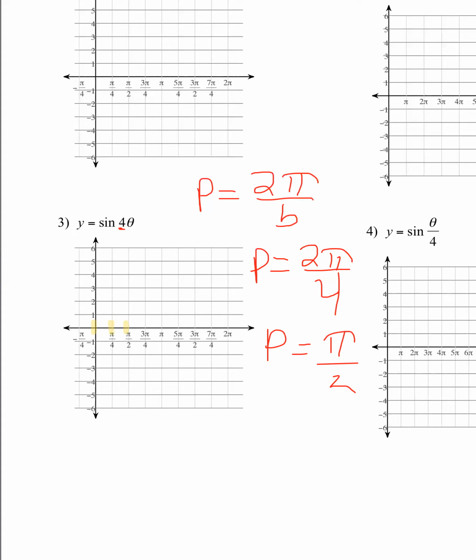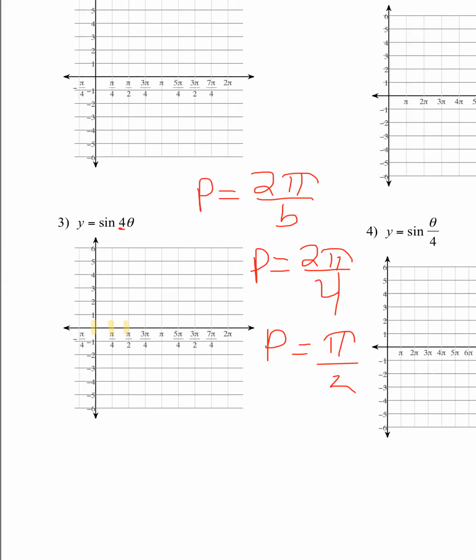Okay, now to get my next quarter points, I have to go halfway in between each of these. So what's halfway in between 0 and pi over 4? You might be able to do it in your head. If you're not, just add 0 and pi over 4 together, which obviously is just pi over 4, and then divide it by 2. Remember that dividing by 2 is the same thing as multiplying by a half.